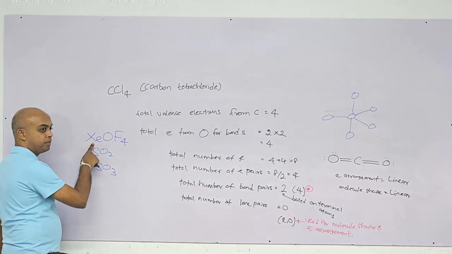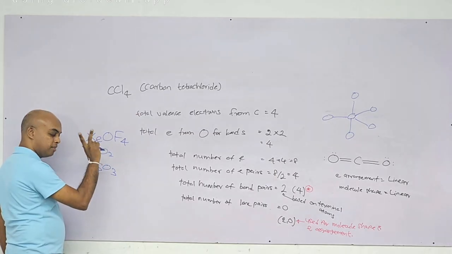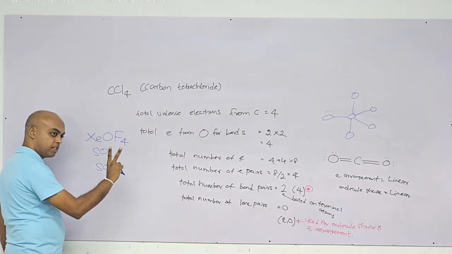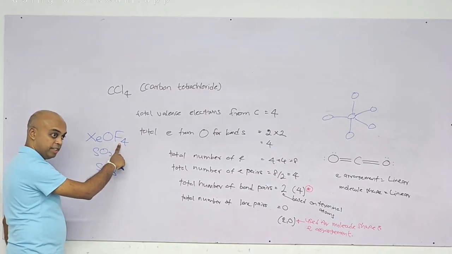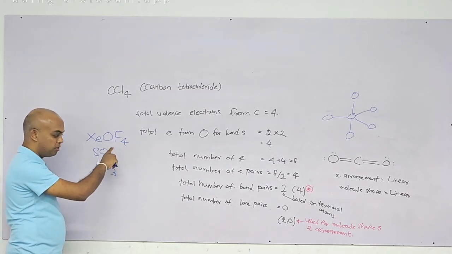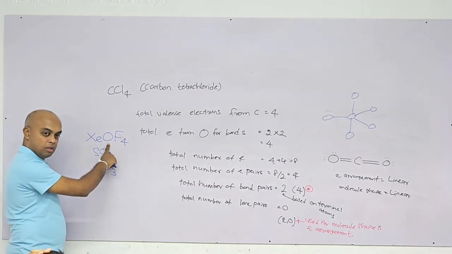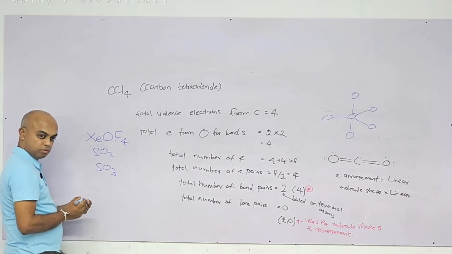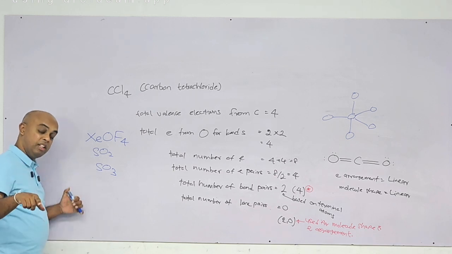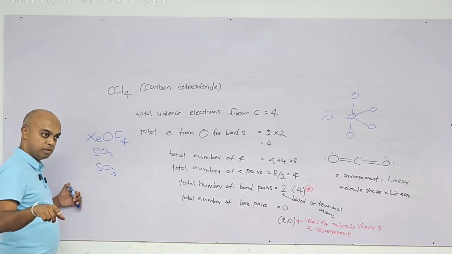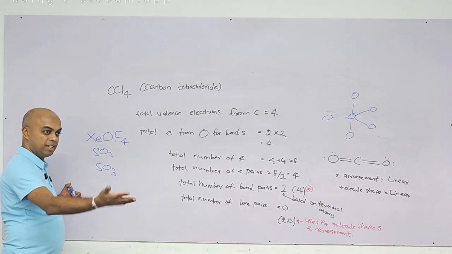Xe. Oxygen can create only 2 bonds. So fluorine 1. It's a logical thing, right? We know oxygen can create only 2 bonds. If it is a case like H2 or something, hydrogen practically cannot be there.